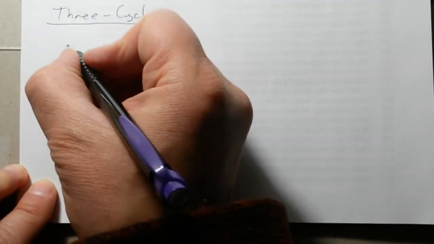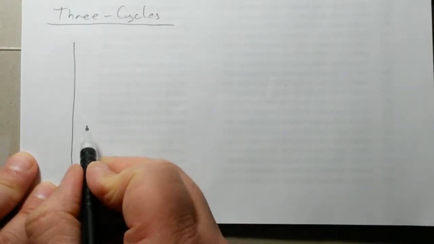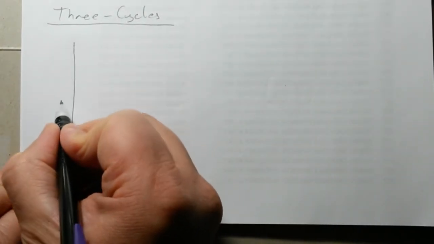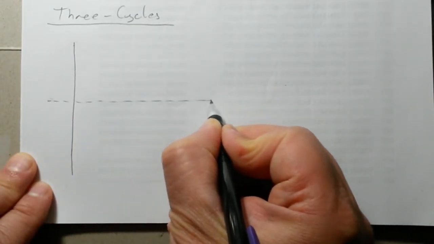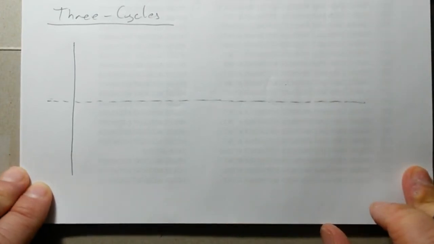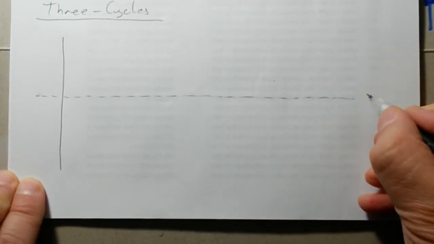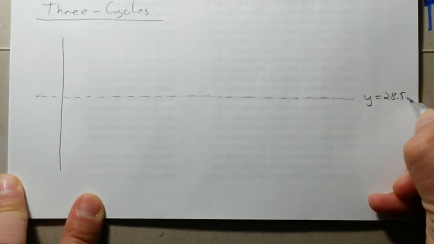So once again, let's draw the beginning of the cycle and our equation of axes, which is 28.5. I hope I'm not off the screen and you can see this. This is y equals 28.5 meters.